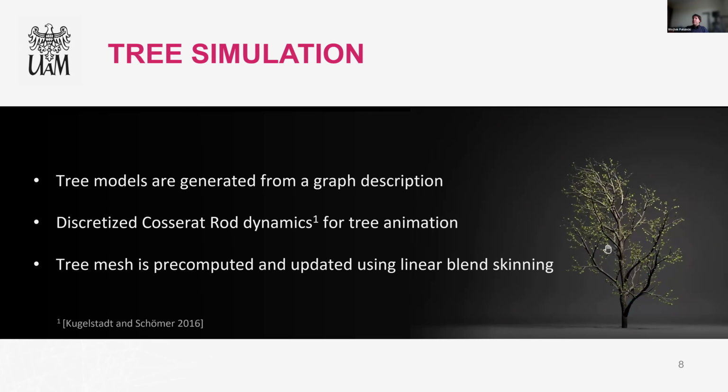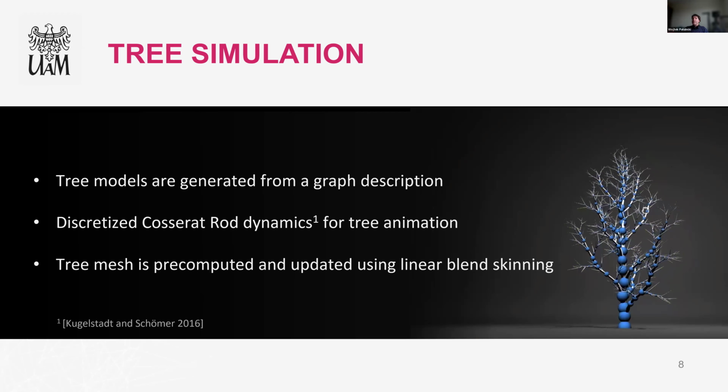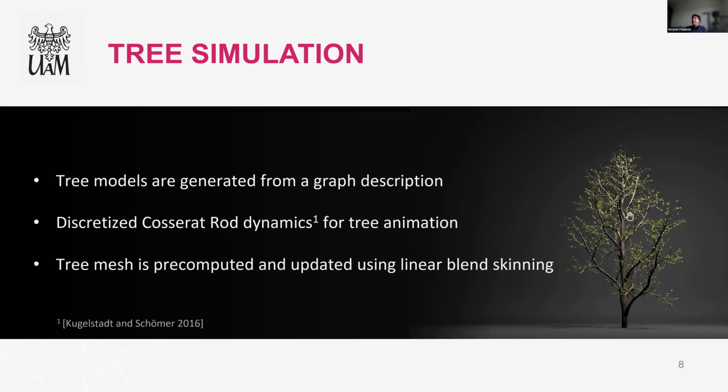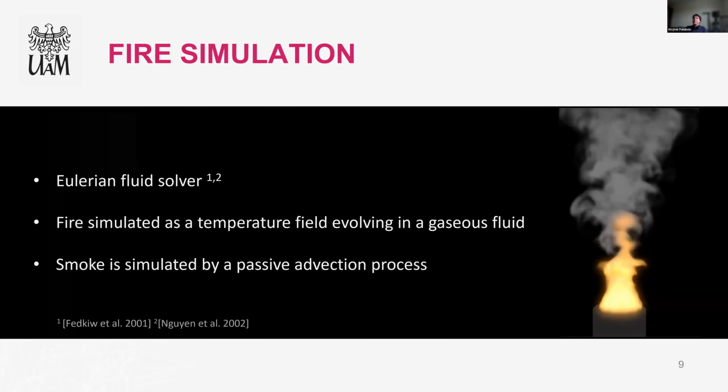And this we then use to generate a 3D mesh, as you usually do in computer graphics, to generate renderings from 3D scenes. And we will update this with computer graphics algorithms so that we can have a dynamic animation of the tree.